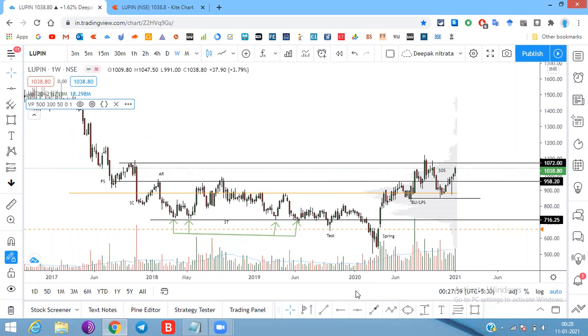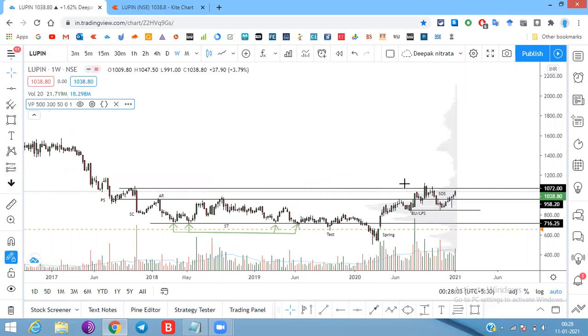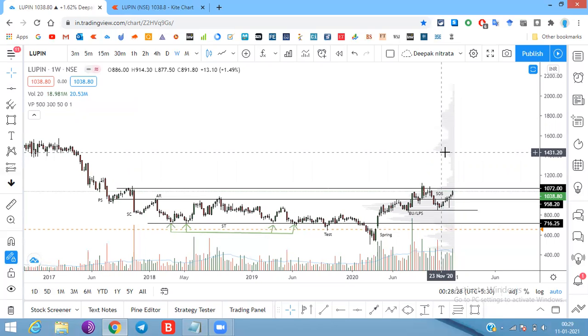So here in Lupin, we can see the overhead resistance. What is an overhead resistance? For example, if the price of Lupin breaks this high volume node region, breaks this resistance, it will enter into a low volume region, right? But what is the overhead high volume node? So overhead high volume node we can see in the region of 1400s, 1450 regions.